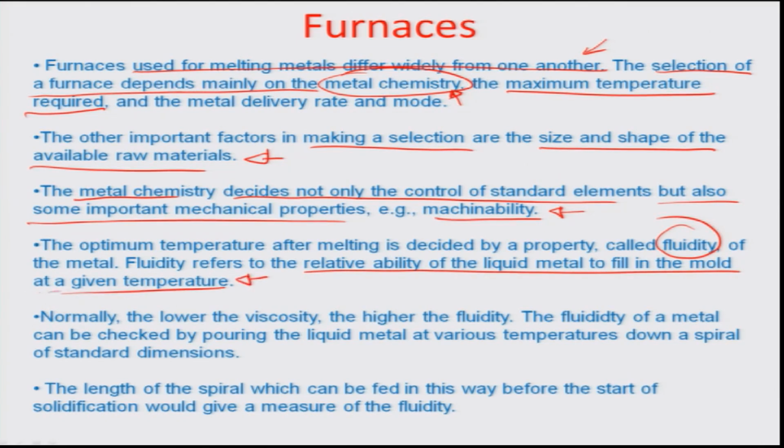Normally, if the viscosity of the liquid metal is lower, then the fluidity is higher, and vice versa. A thinner metal liquid, whose viscosity falls because of temperature, would obviously move faster.